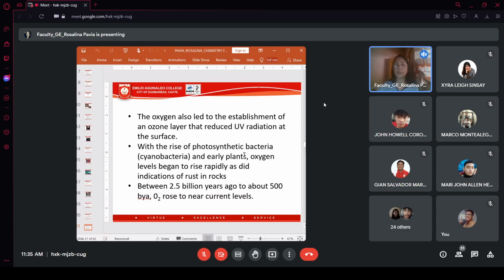Okay, so mayroon ng plants began to grow. So dumami na yung oxygen. So between 2.5 BYA, billion years ago, to about 500 BYA, oxygen rose to near current levels. Dumami na yung oxygen sa atmosphere.